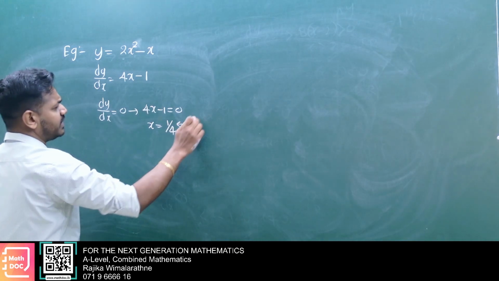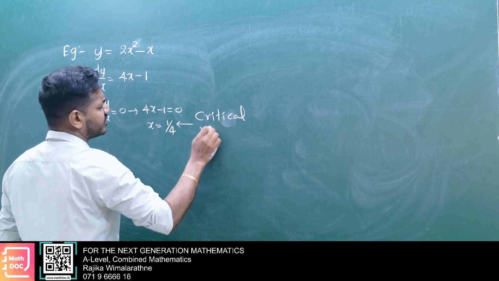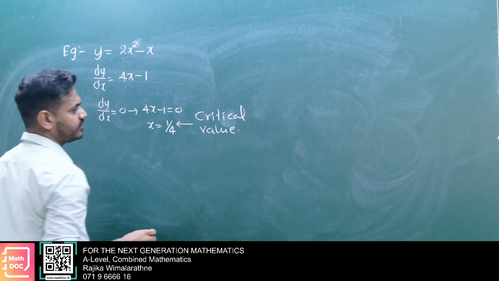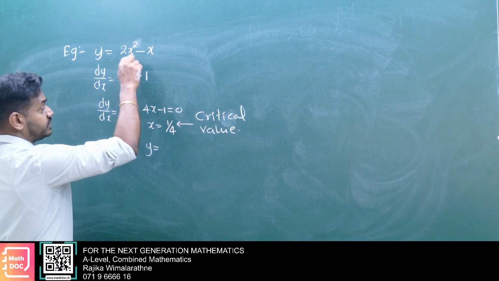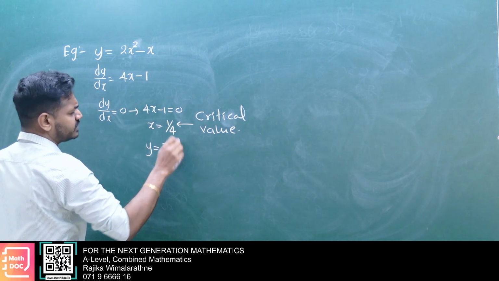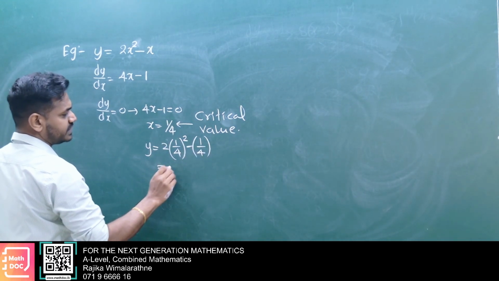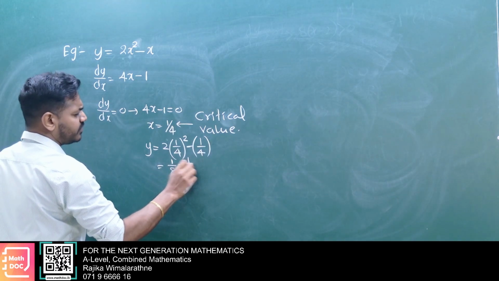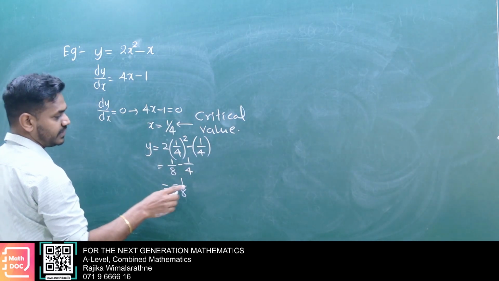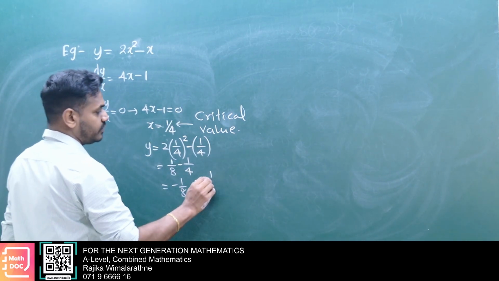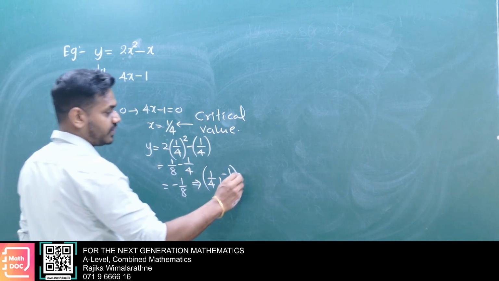Here this is the critical value. Then find the corresponding y value by substituting that value: 2 into 1/4 square, 2 over 16, 1 over 8, minus 1/4, gives minus 1 over 8. Then we know x value and y value, so the corresponding point is 1/4 comma minus 1 over 8. That is what we call the critical point.